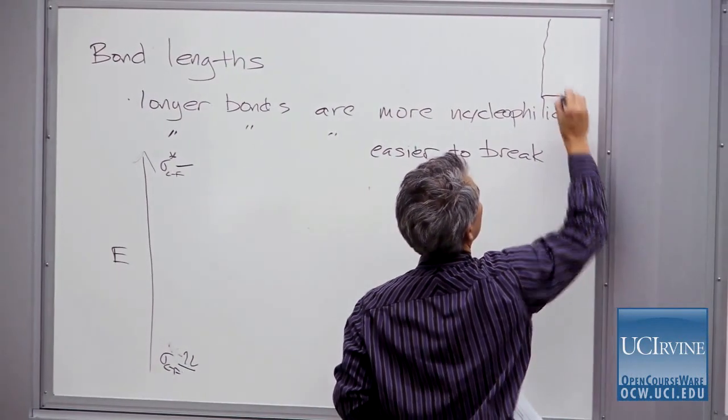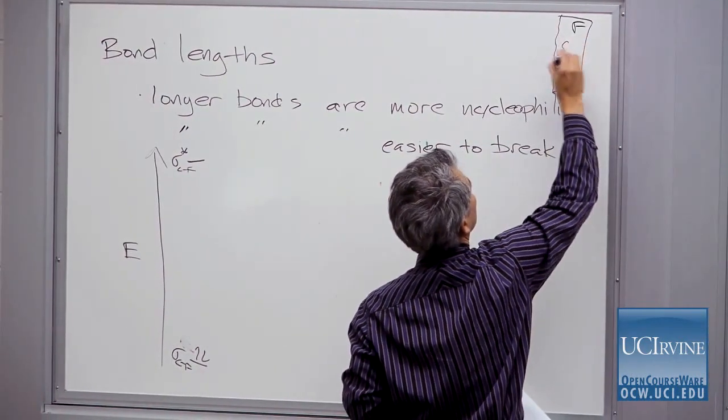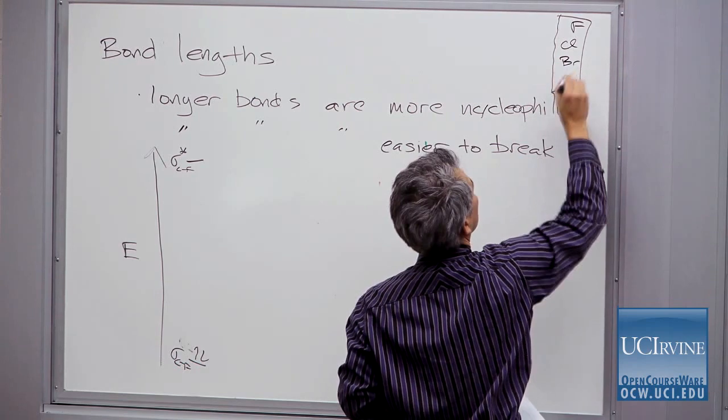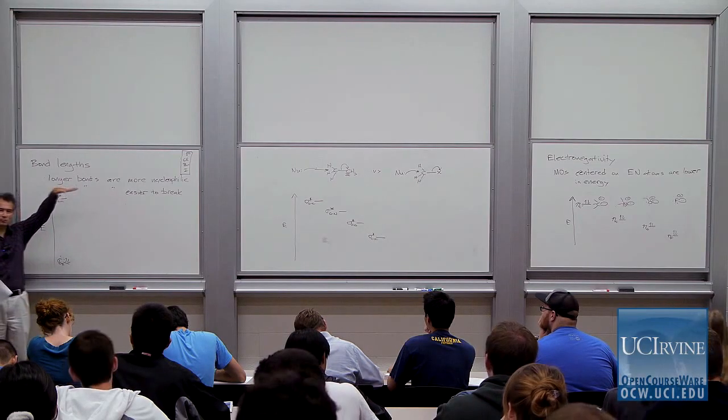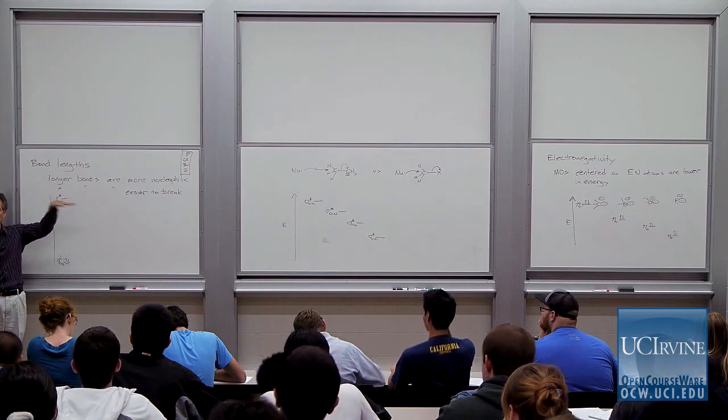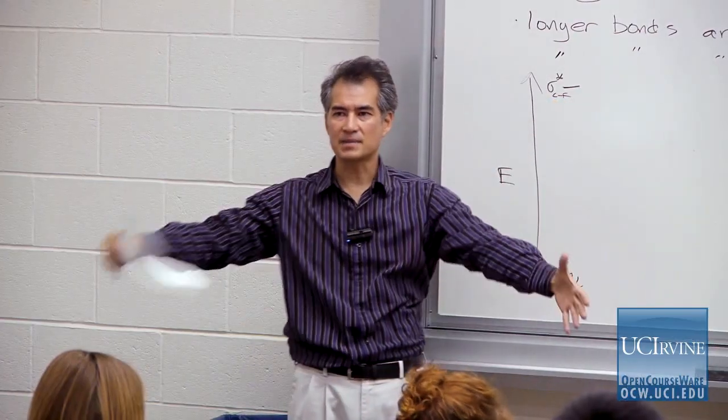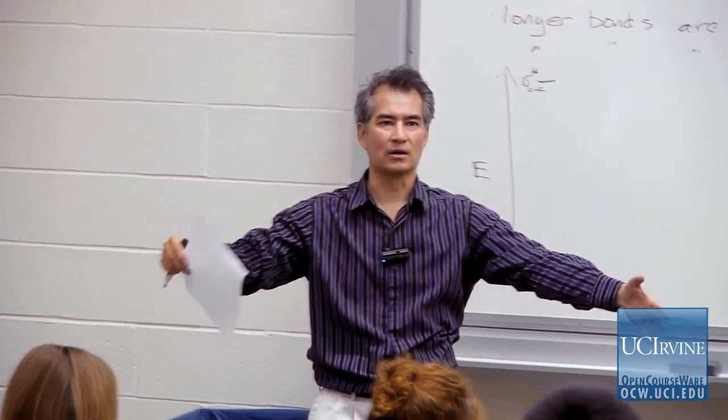And what I want to do is imagine, if I look at the periodic table, let me sketch out the periodic table here. As I drop down this row from fluorine to chlorine to bromine to iodine, what's happening as I drop from the second row with fluorine to the third row with chlorine is that atoms get bigger and bonds get longer.